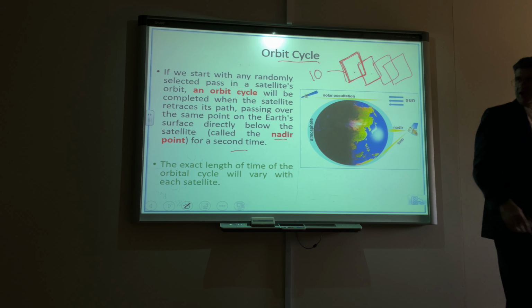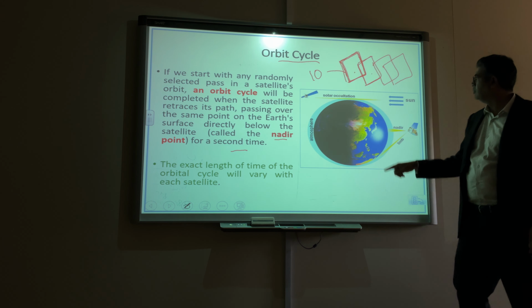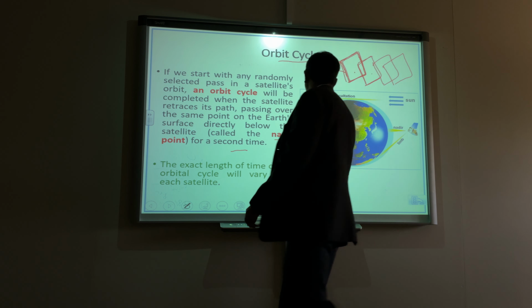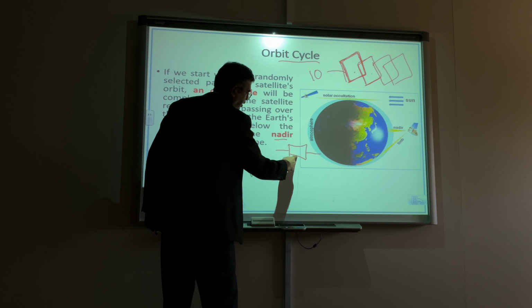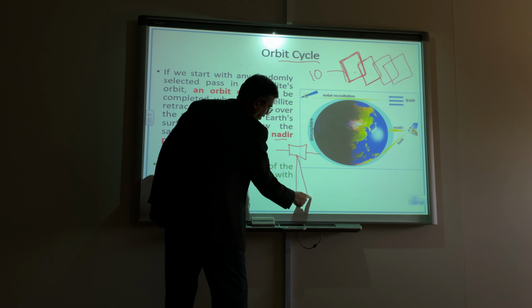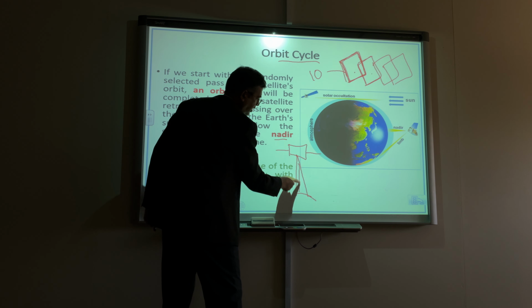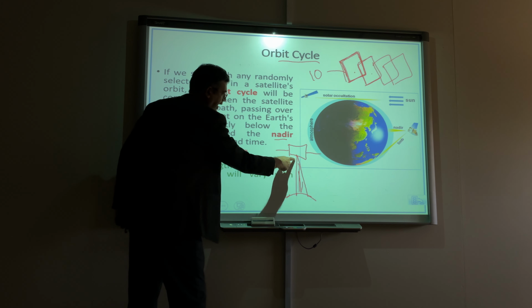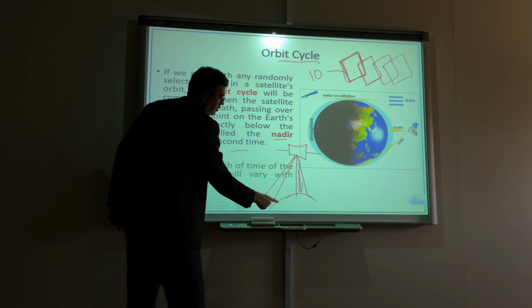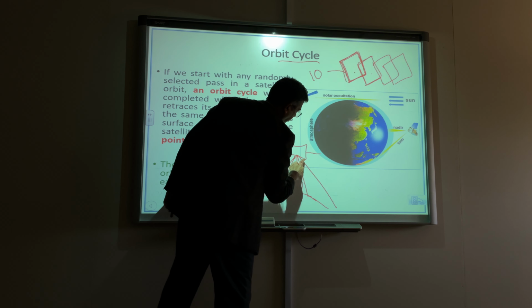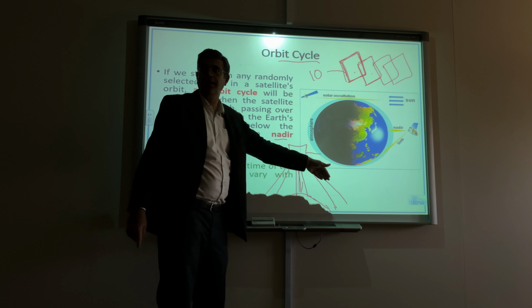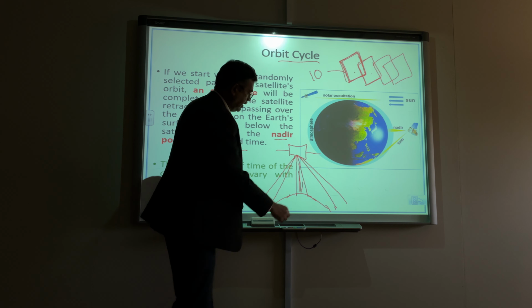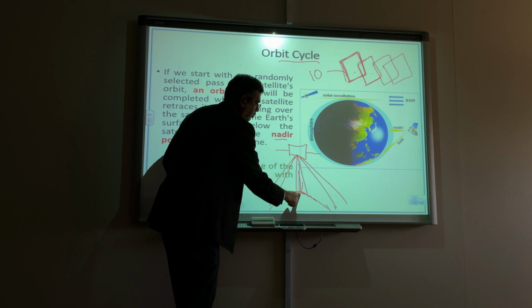And you have something called the nadir point here. The sensor is on the satellite, and the point directly below it on the Earth's surface is called the nadir point. The satellite can look like this, and it can look on this side also, but here it is not directly above the Earth's surface. Directly above is only in this position.